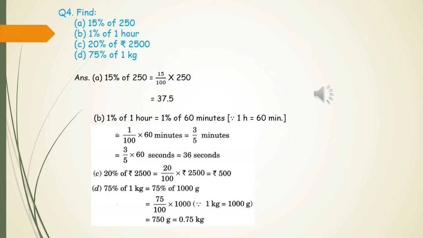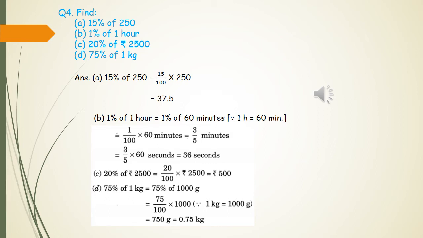Third part is 20% of rupees 2500. It is simple, 20 by 100 into 2500, we are getting the answer rupees 500. Don't forget to write the unit, because in the second part you can see that we are changing hour to minute and then minute to seconds.